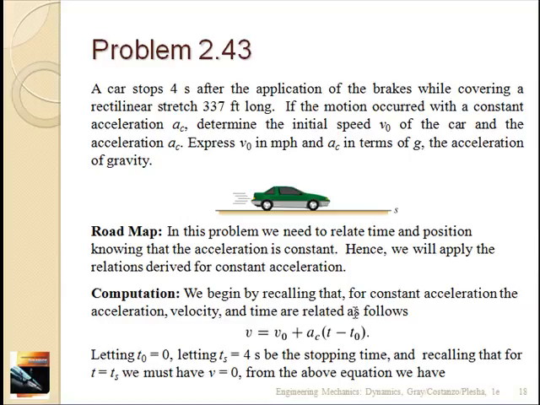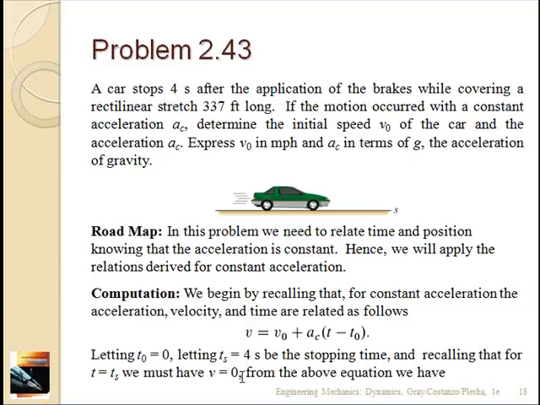It just gives us a simple way to relate the acceleration to something we're familiar with, right? So we begin by noting that the velocity can be related to time for these constant acceleration problems according to this formula we derived a few slides ago. Okay, so we let t naught be 0, so we assume our initial time is 0, and our final time is 4 seconds later because we were told it takes 4 seconds to stop the car. And our final velocity, at t equals ts, is 0, because we were told it stops in 4 seconds.